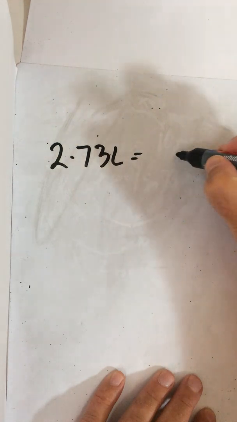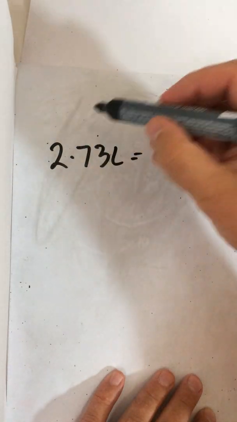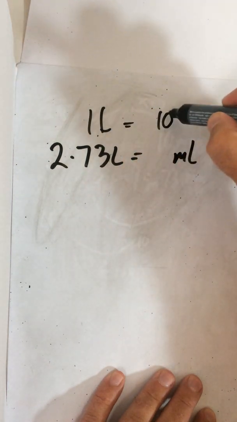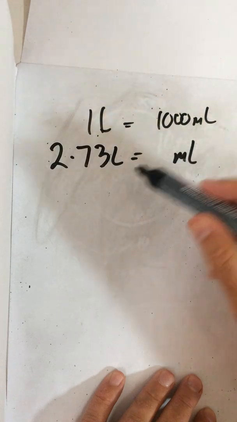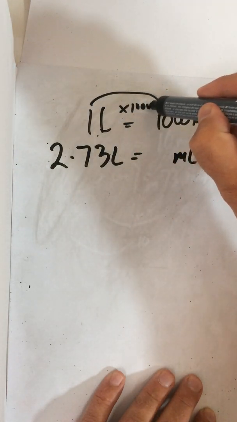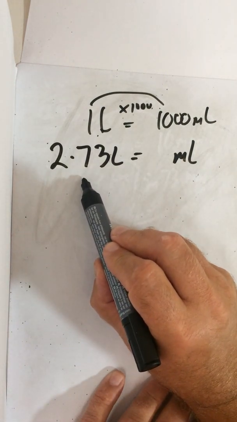2.73 litres equals how many millilitres? And again, 1 litre is 1,000 millilitres. So to get from 1 to 1,000, I'm timesing by 1,000, aren't I? So again I have to times this by 1,000.